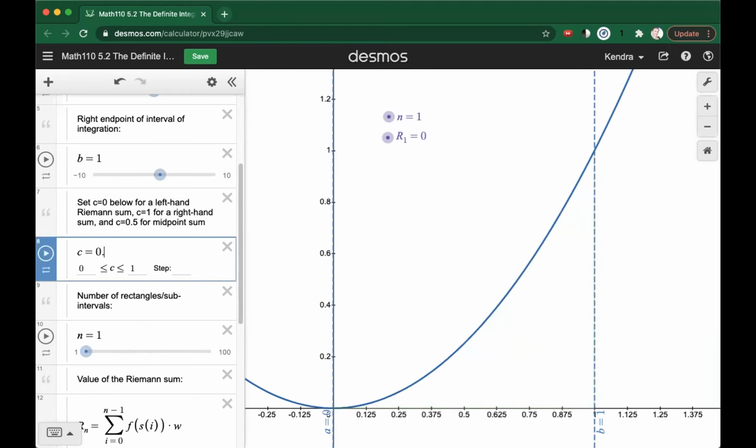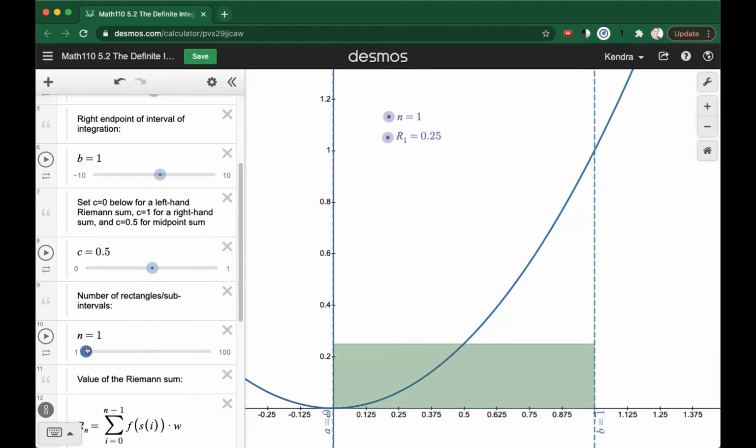And again, let's do this with midpoints. So this is what it looked like for 1 rectangle. I took the height to be at the height of the function at input level 1/2 or 0.5. This one, the height was at 1/4, and this one, the height was given by the input 3/4.